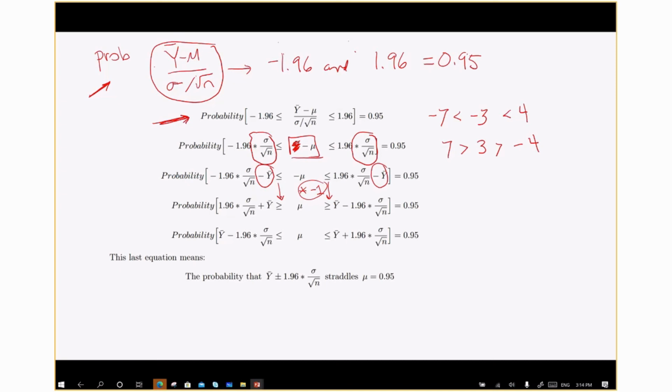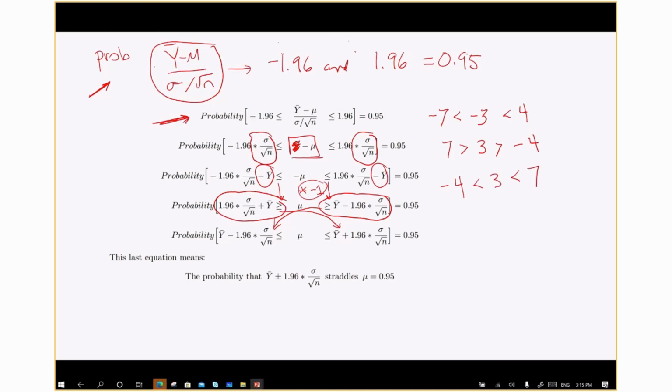And now in this last step, I'm going to take this component and move it over here, and take this component and move it over here. So again, I'm going to have to reverse the inequality signs. That would be equivalent to saying, once again, that -4 would be less than 3, which would be less than 7.